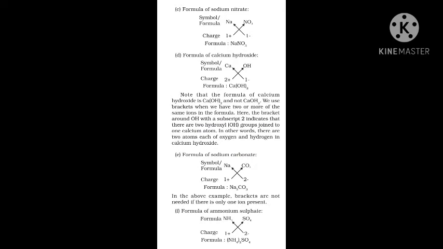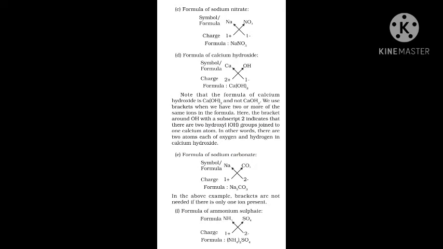Similarly, for calcium hydroxide, calcium symbol Ca, hydroxide OH, charge 2+ for Ca and OH 1-. Crisscross the valencies, that is charges, you will get the formula as Ca(OH)2. While writing, it should be written as Ca(OH)2, not as CaOH2.